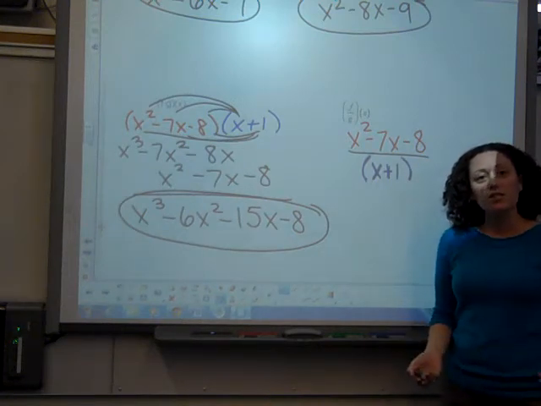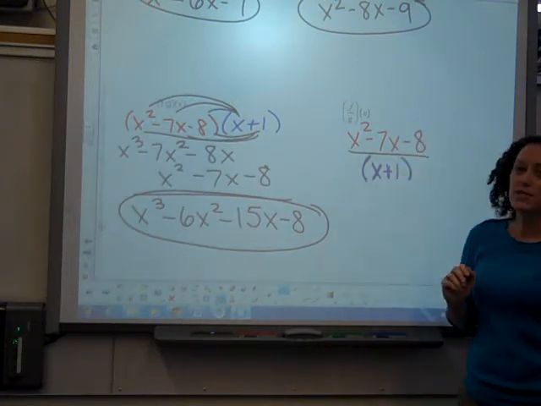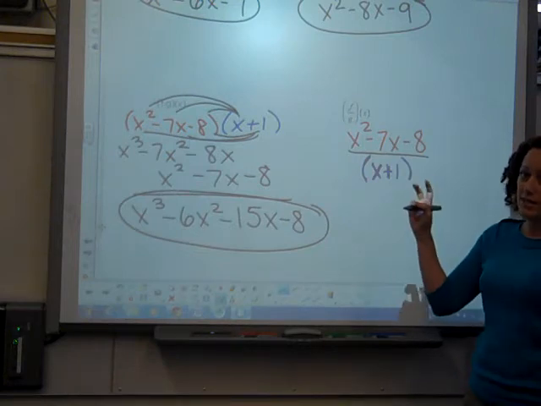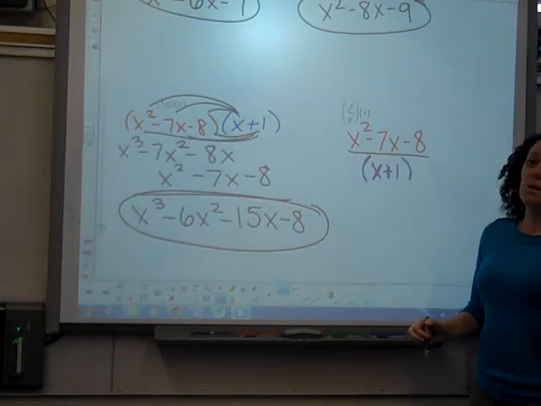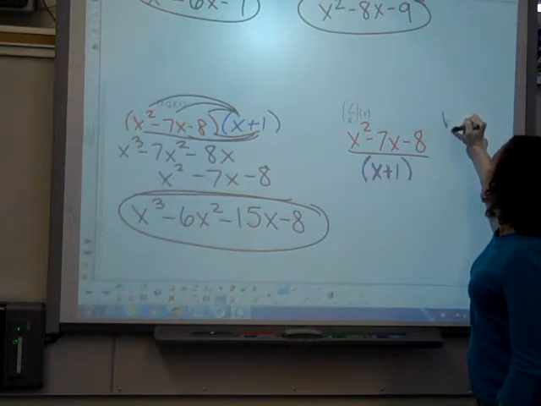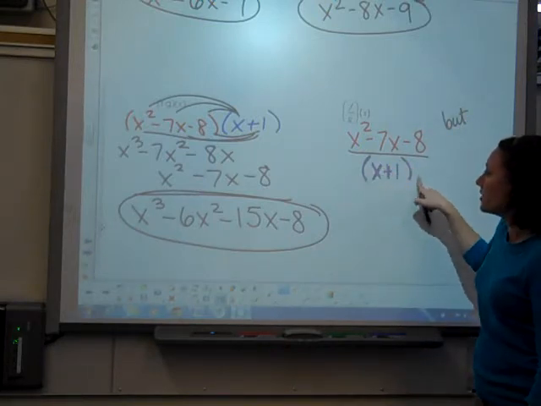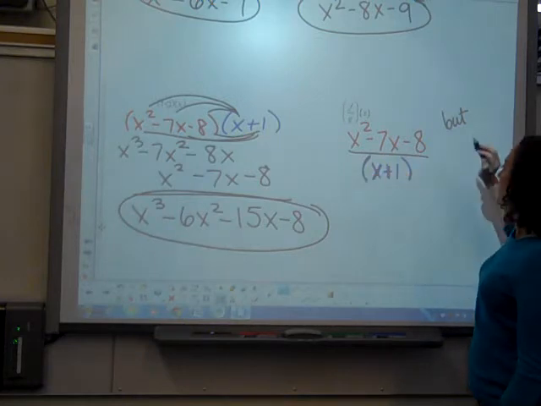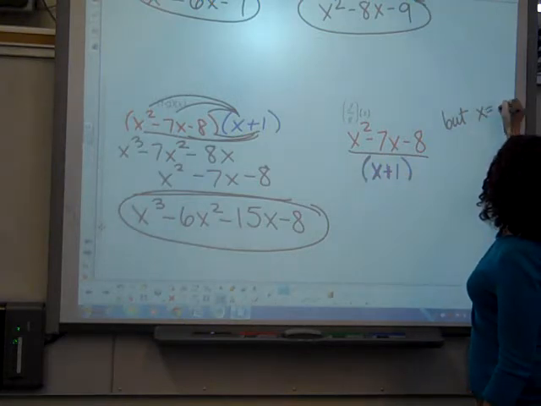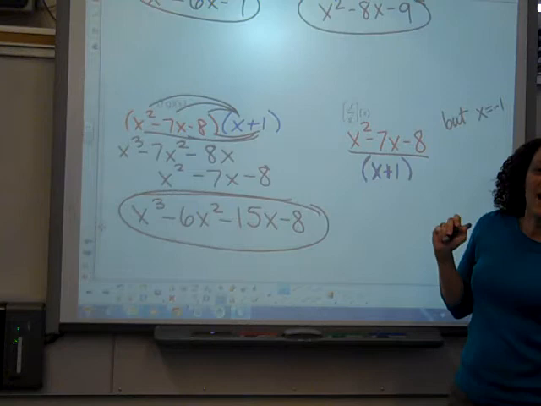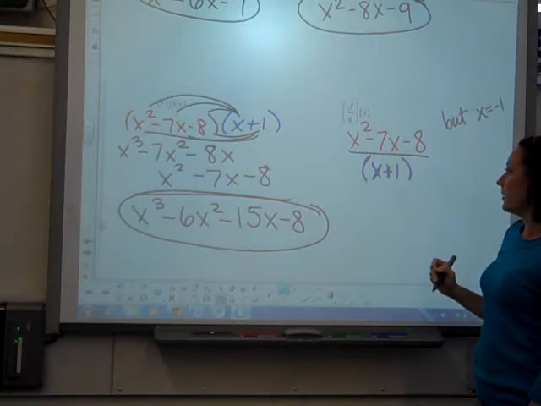Now first thing I actually need to do with the division, because there's a polynomial in the denominator and it might disappear, hint hint, I need to include what I call a but statement. So I say but, I need to ensure the fact that there cannot be a 0 in the denominator. The only way there would be a 0 in the denominator is if x equals negative 1. So I'm writing it now so I remember to include it later.